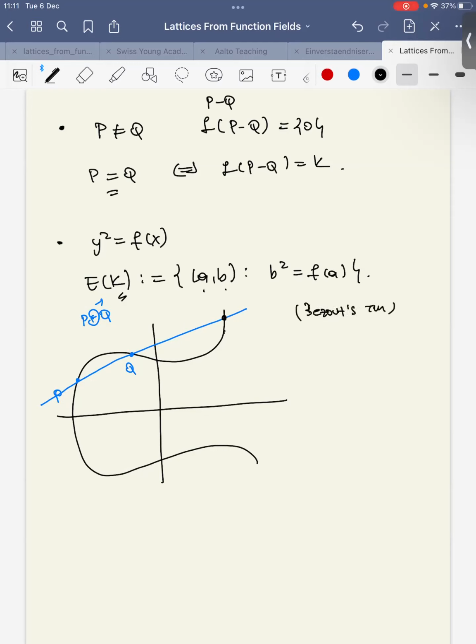Don't confuse it with Bezout's identity. We can guarantee the existence of a third point as the intersection of our elliptic curve and the straight line. And the addition of P and Q is defined by taking the reflection of this third point with respect to the x-axis.